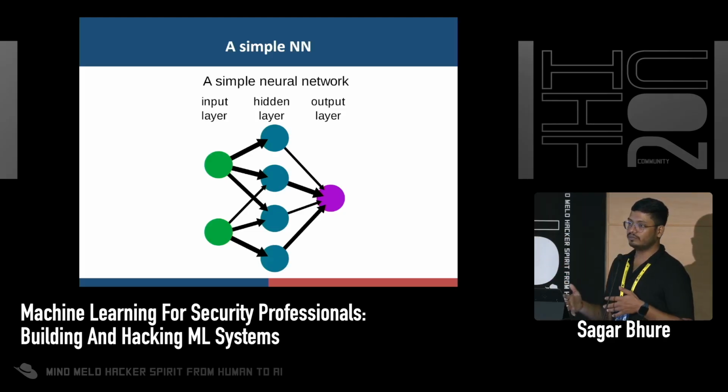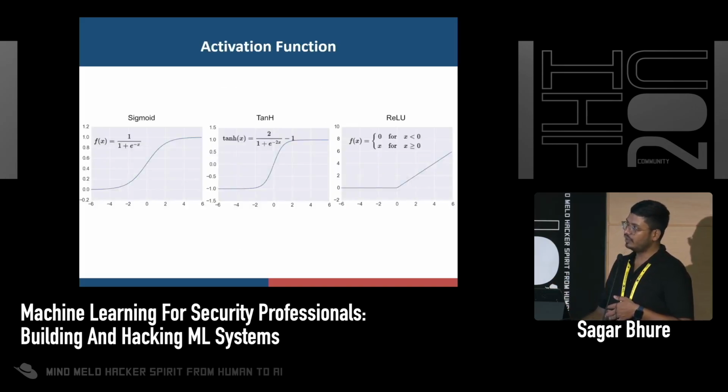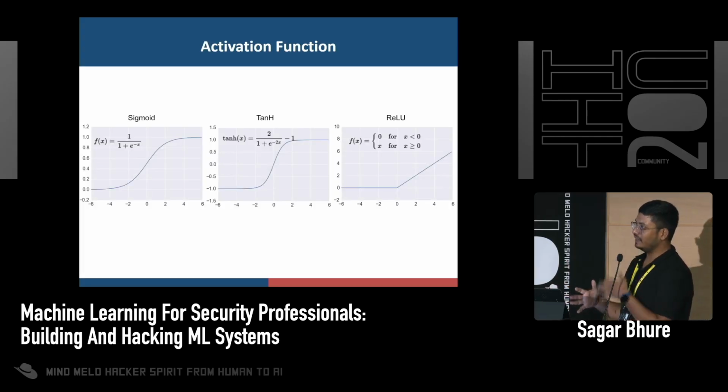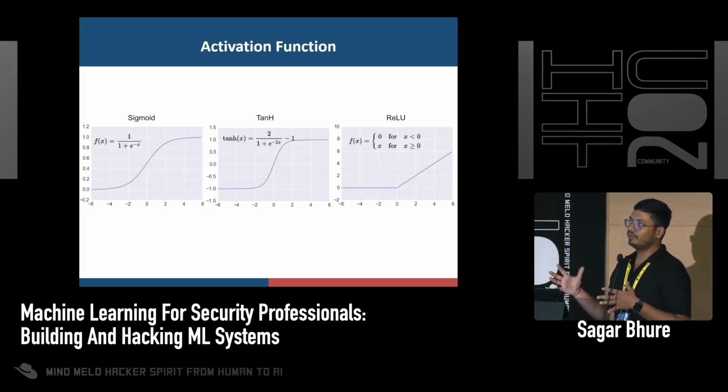How do you convolve an image and then predict whether this is a cat or a dog? Again, there is some math which we don't want to go into, and rather we have no need of understanding it. But these are all activation functions which will try to make your model more precise. Sigmoid, tanh, and ReLU should be used wherever applicable, but not everywhere.